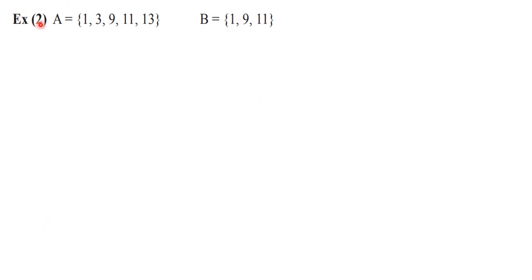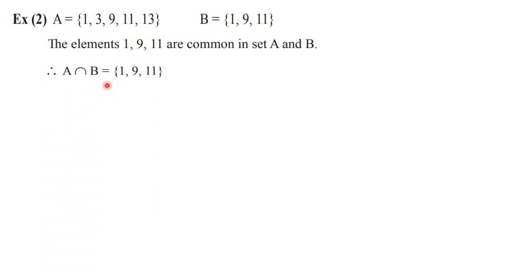A is a set where we have elements 1, 3, 9, 11 and 13, and B is a set where we have 3 elements 1, 9 and 11. So what we can find here is elements 1, 9 and 11. Here there are 3 elements common to both A and B. So from these we can write down A intersection B as the set where we have 3 elements 1, 9 and 11.